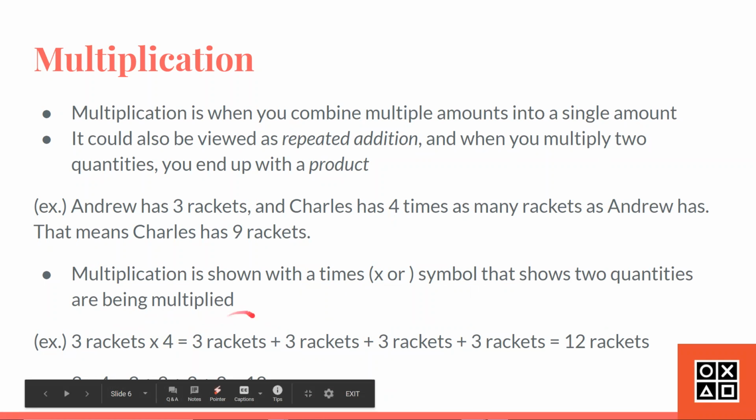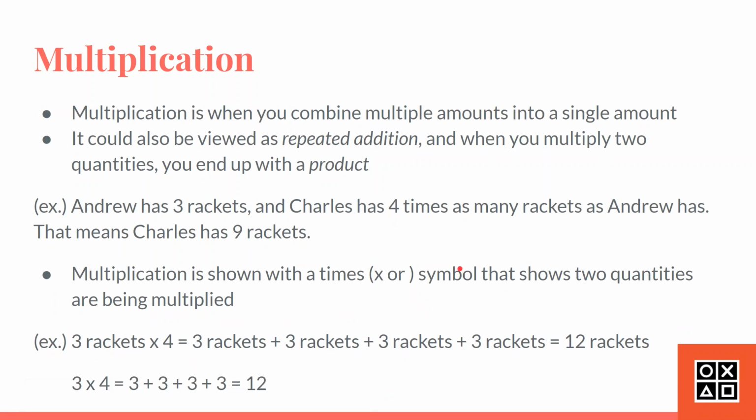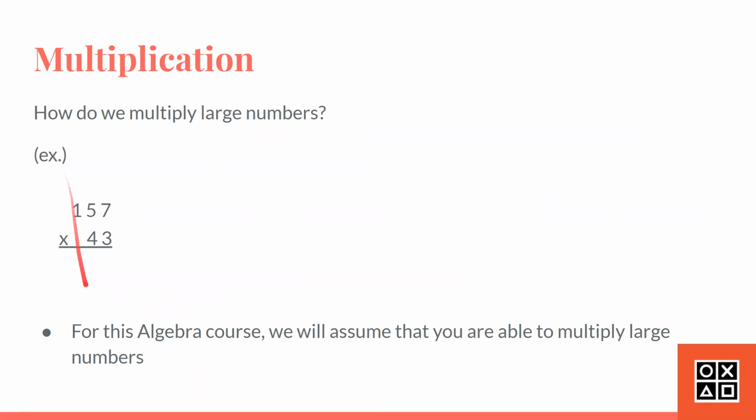So 3 plus 3 plus 3 plus 3, if you add those together, that becomes 12 rackets. So as shown down there, 3 times 4 equals 3 plus 3 plus 3 plus 3 equals 12. How do we multiply large numbers?